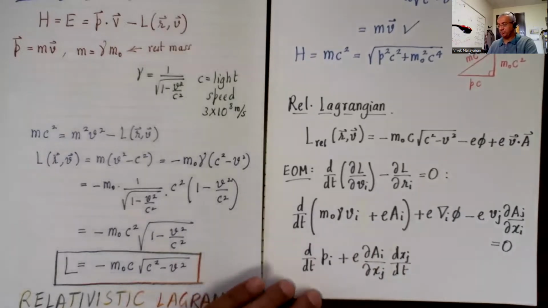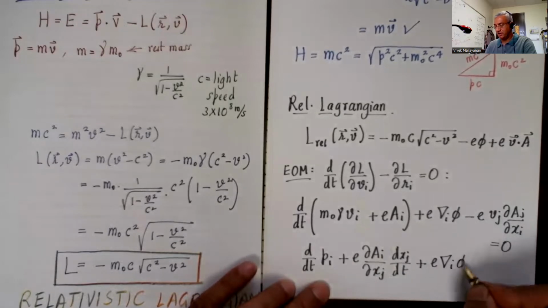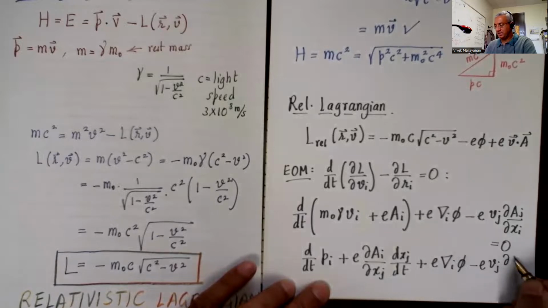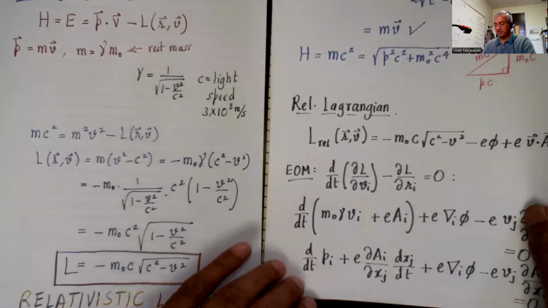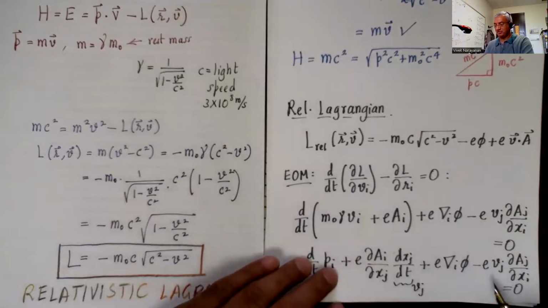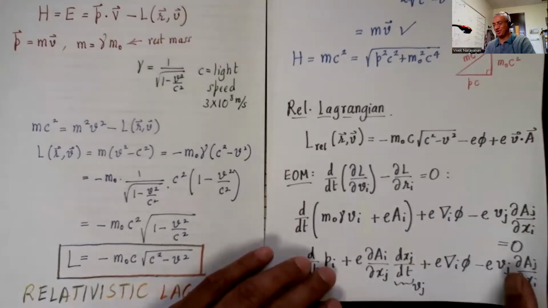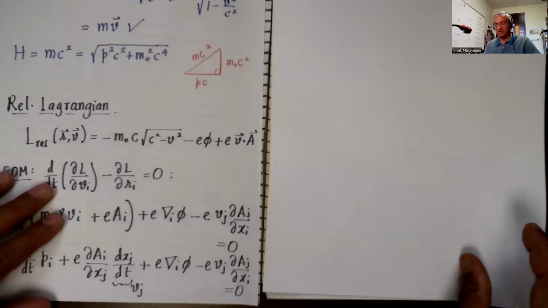And then the remaining terms you still have: E times del_i phi minus E times v_j del A_j by del x_i equals 0. So now you must be sensing there's something very interesting happening, because this term is just v_j, and so you have del A_i over del x_j minus del A_j over del x_i. It's the curl term that gives you the magnetic field. So we are getting very warm indeed.